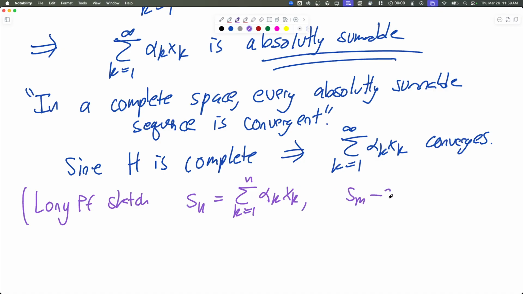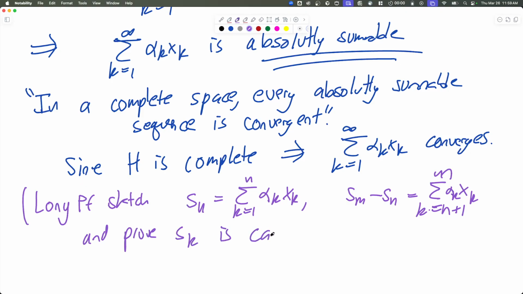And then if you do Sm minus Sn, that will be the sum from k equals n plus 1 to m. And prove Sn is Cauchy. So if you do differences of the sequence, you get little pieces of this tail. And when the thing is absolutely summable, this thing will be Cauchy because you can make the tail smaller than epsilon. And then therefore you can make the distance between Sm and Sn less than epsilon. And that's why the Sns will be Cauchy.